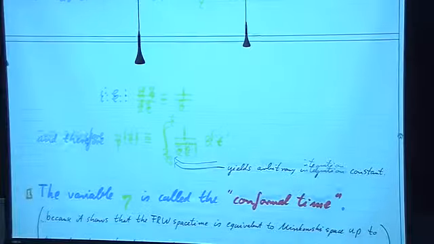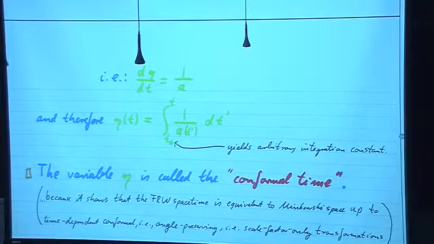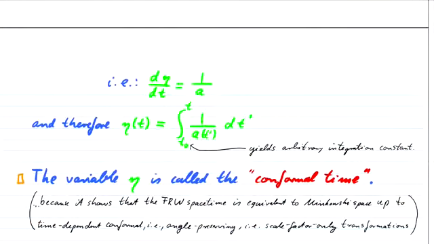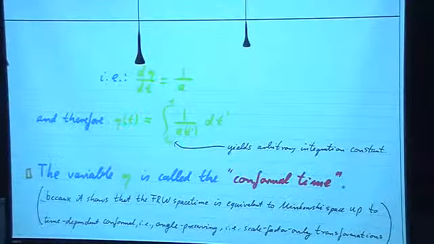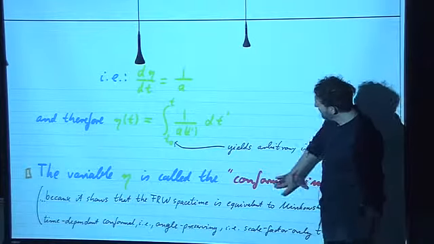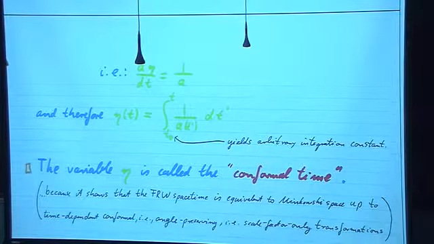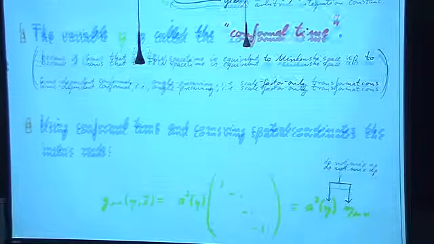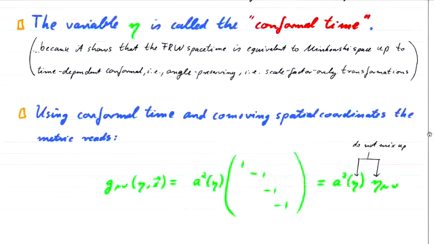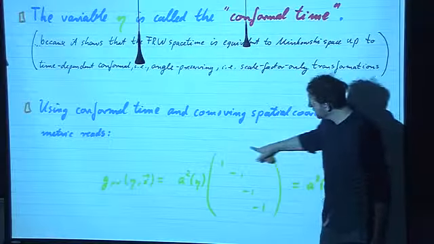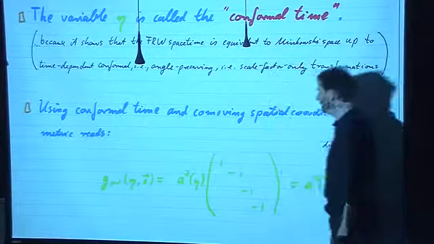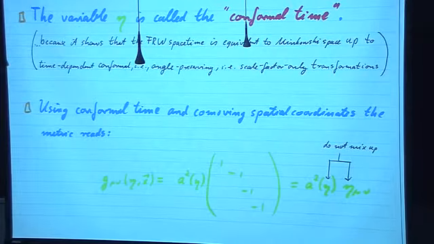So now that variable will be called the conformal time. And why is it called conformal time? Well, it's because if we use this time variable, then the metric becomes proportional to the eta metric of special relativity with this prefactor a squared of eta.